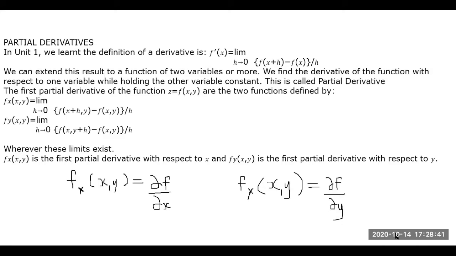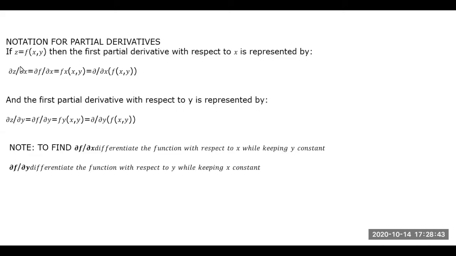So here we've written it down better. As we said, if z is f of x, y, then the first partial derivative with respect to x is represented by dou z by dou x, which is dou f by dou x, which is fx of x, y. And the first partial derivative with respect to y is represented by dou z by dou y, which is dou f by dou y, which is fy.